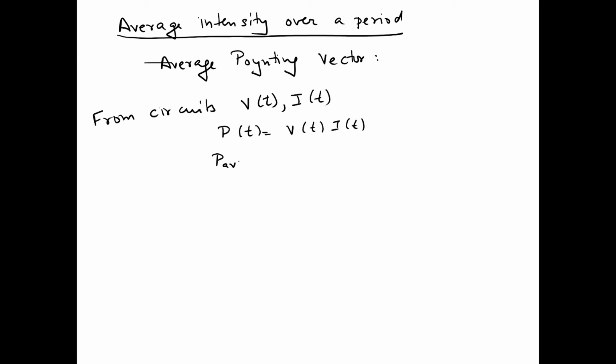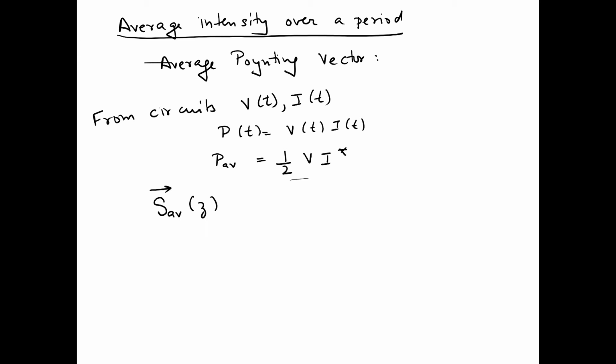My average power is half V I star, if I'm using sinusoids and phasors. This is what your average power is from circuits. So it's telling me the average wave intensity, S average in Z.